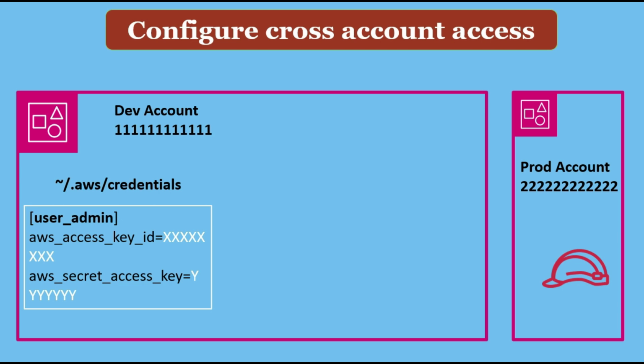This file will contain the user called user_admin. So when we created the IAM user, we created the access key and secret key. So those access key and secret key we need to enter under this user_admin tab inside this credentials file.